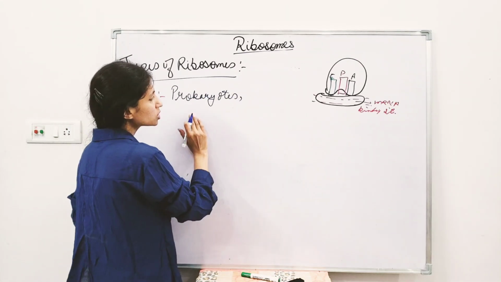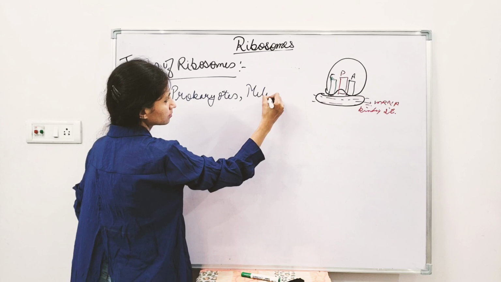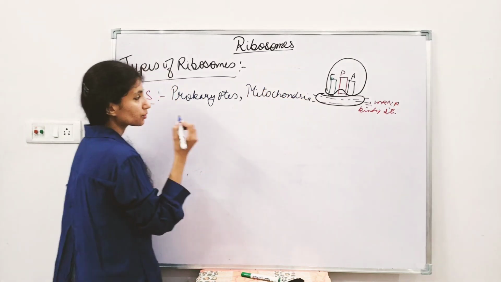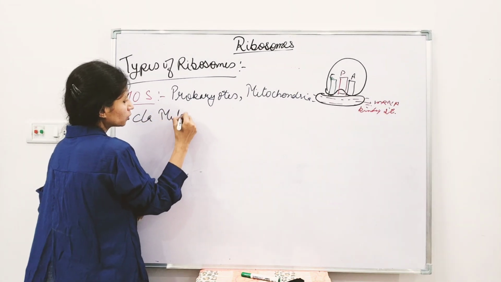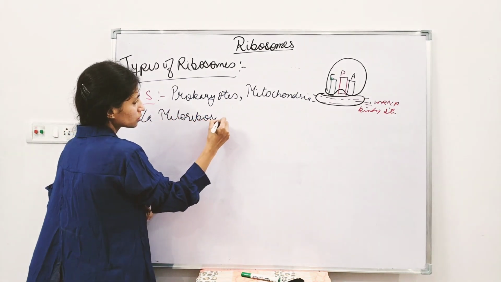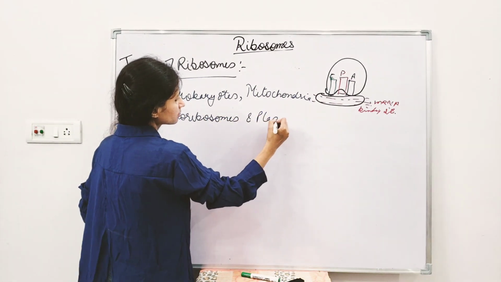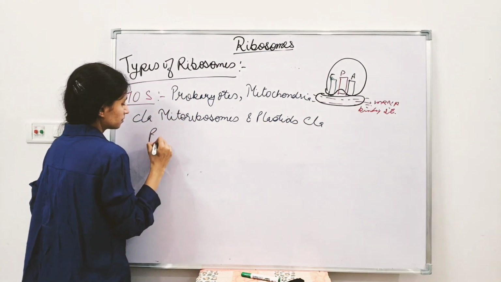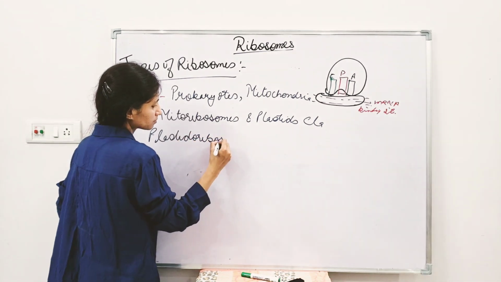Other than that, you will also find the same 70S ribosome in the mitochondria of eukaryotes, called mitoribosomes, and in plastids, where it is called plastidoribosomes.